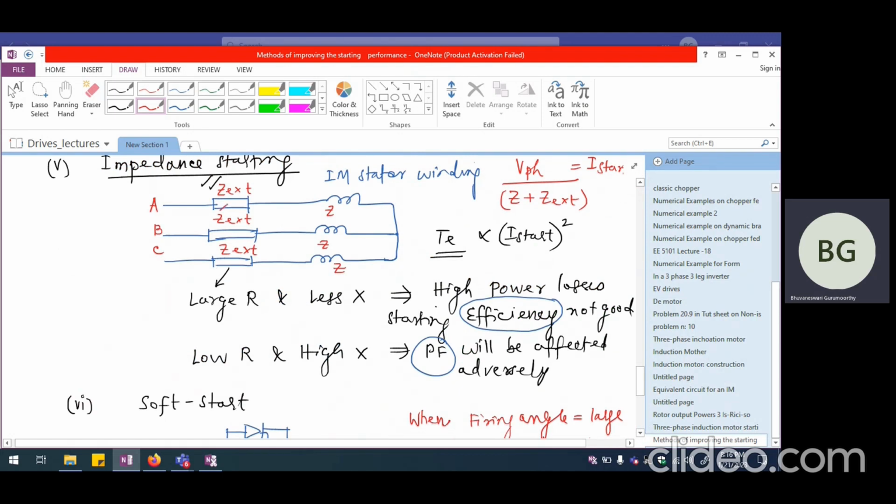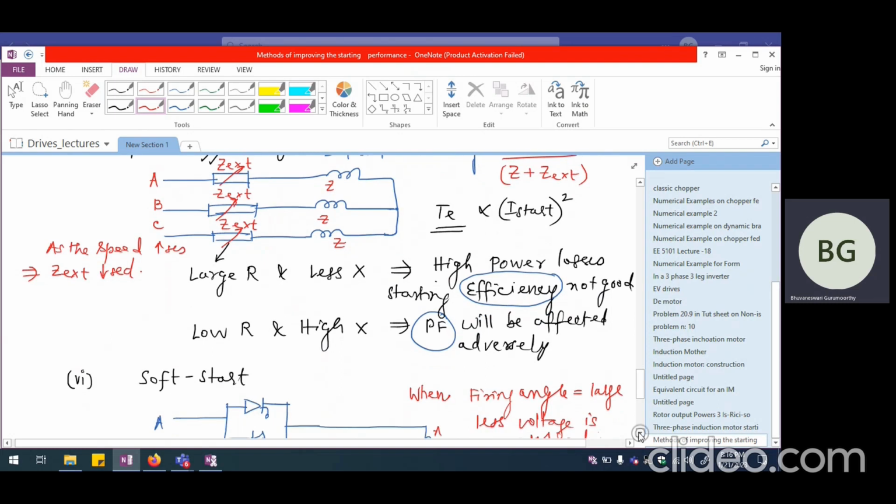If it is a variable impedance, I should be able to reduce its value as the speed increases. So as the speed increases, the external impedance value will be decreased. That is what we are going to do.